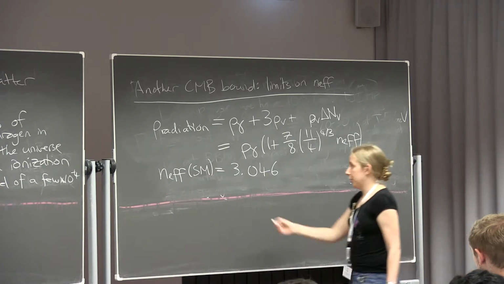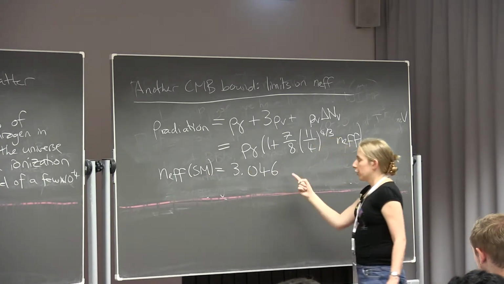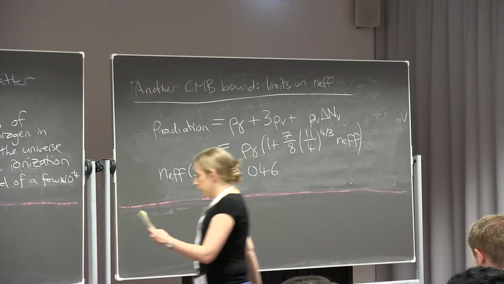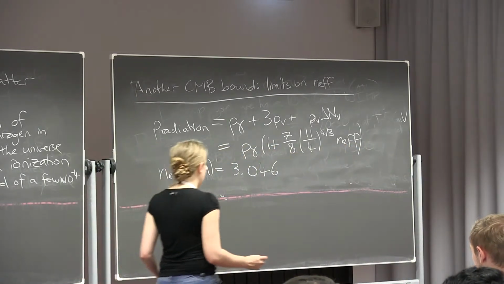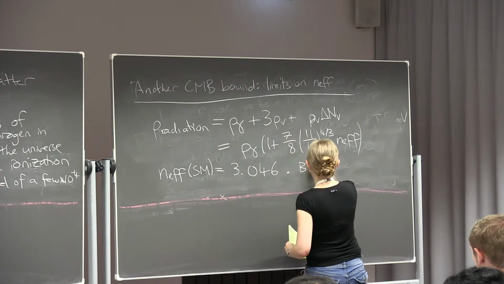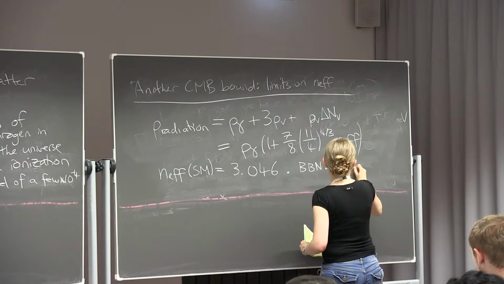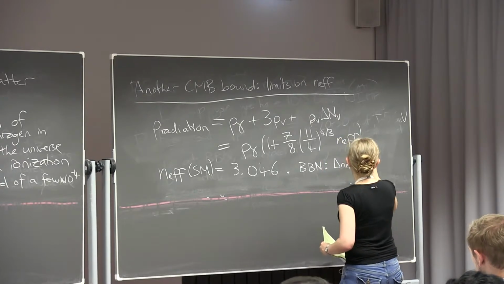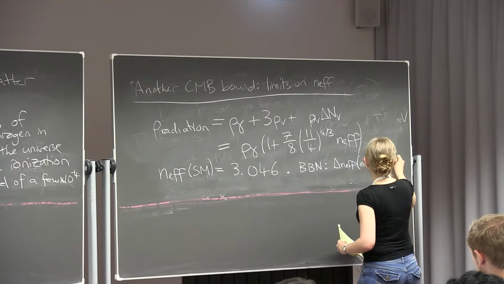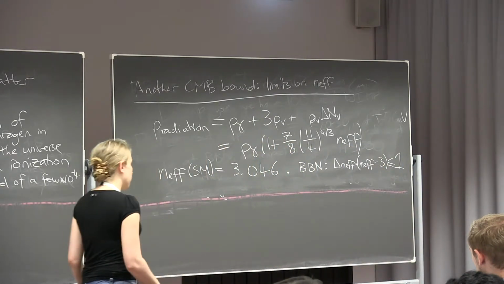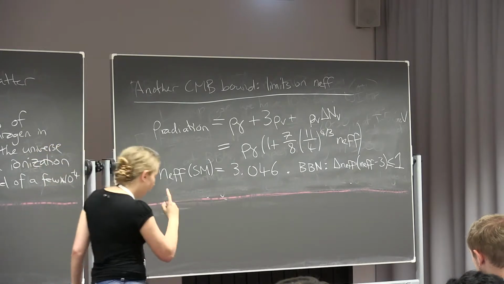So just the ordinary neutrino species give you a slight contribution to N effective away from 3. So the observations here, from BBN, you can say basically that delta N effective, by which I mean N effective minus 3, is less than about 1. You can accommodate maybe 1 more degree of freedom that looks like a neutrino.